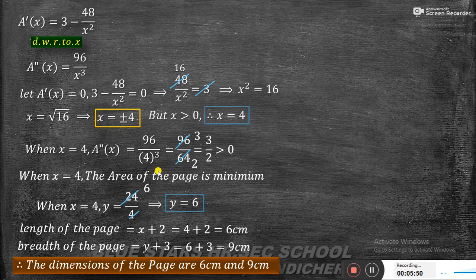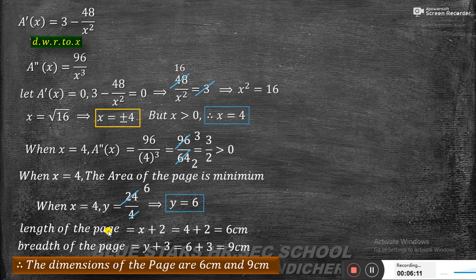They ask about the area of the page, so the area of the page is minimum when x equal to 4. Now we find the y value. y equal to 24 by x, so y equal to 24 by 4, which is 6.